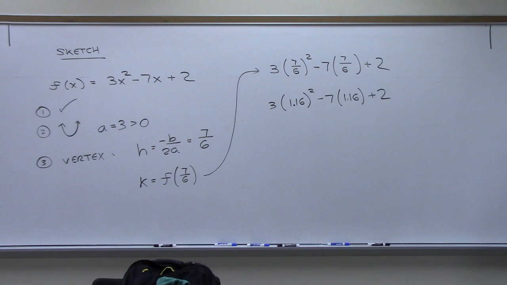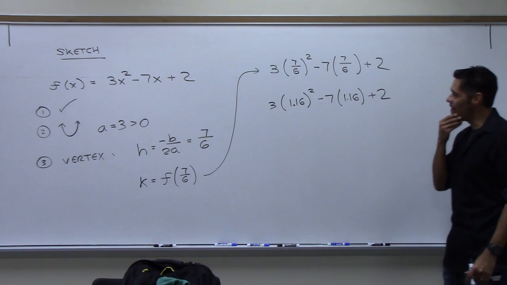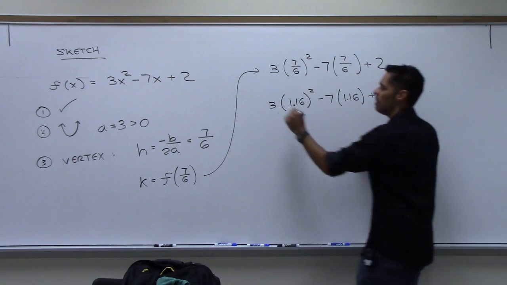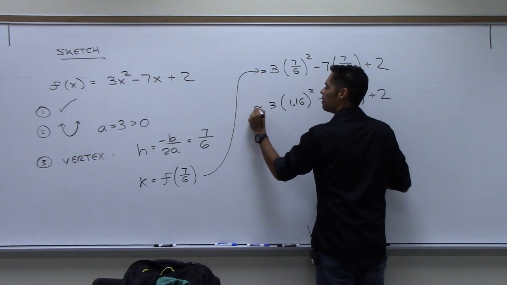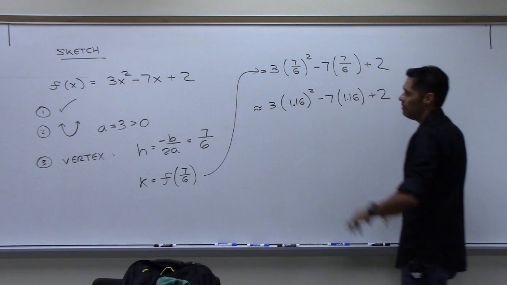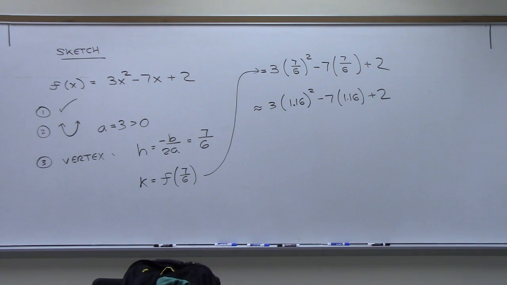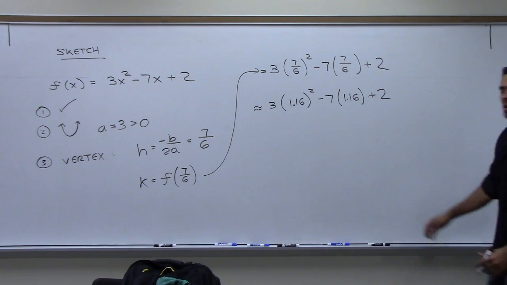Did you figure it out? Yeah. Okay. All right, so at this point, I'm saying that this was equal to this. Now this is approximately this, because I've now approximated with the decimal. And that is just like an order of operations problem.